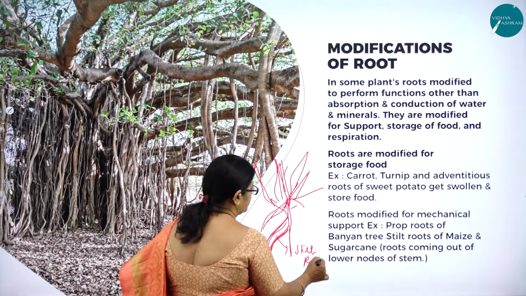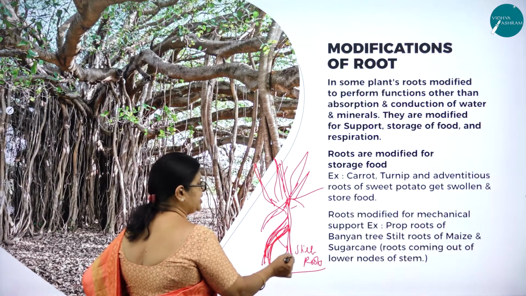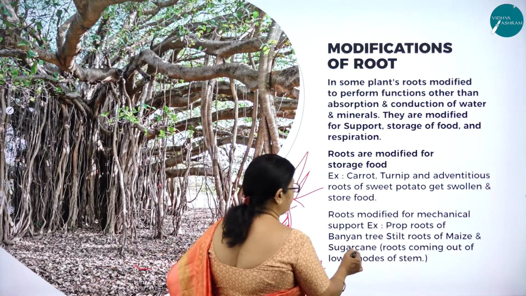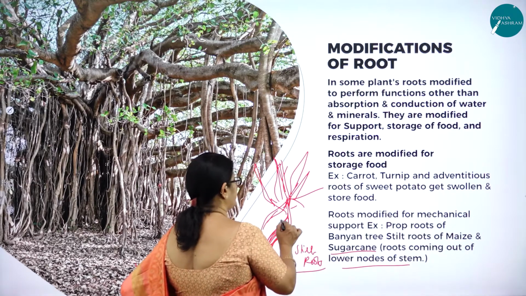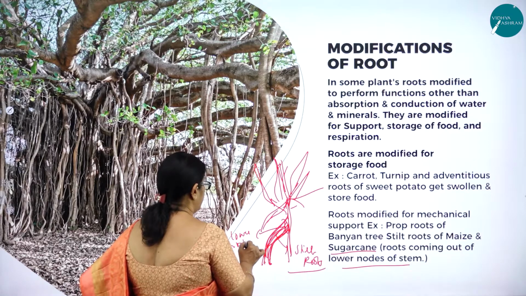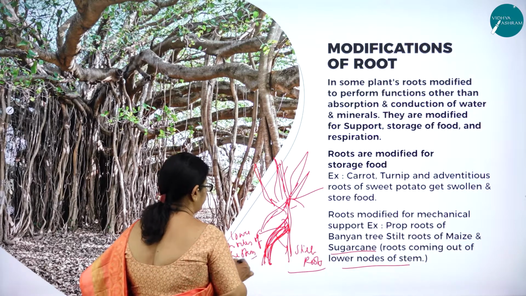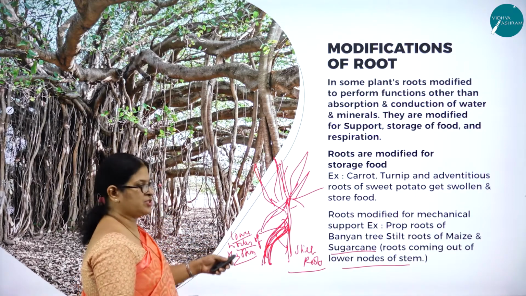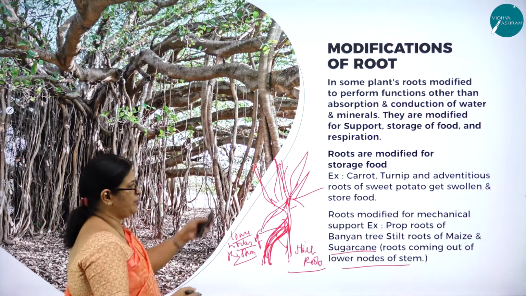Only to give what? Mechanical support. So stilt roots of maize and sugarcane are roots coming out from the lower nodes of the stem. They develop from the lower nodes of the stem, hence they are called stilt roots. Hope you have understood.